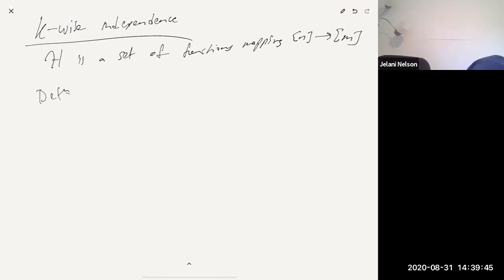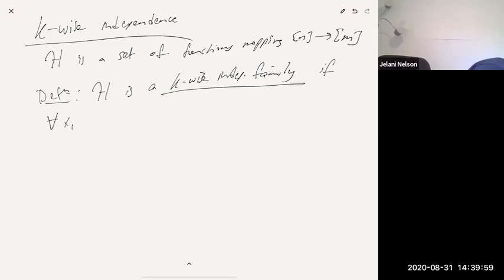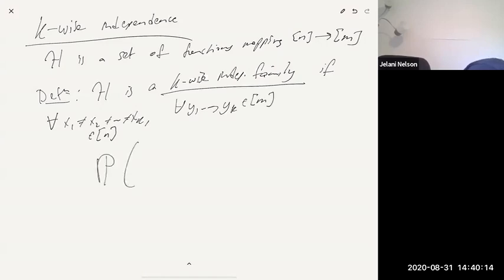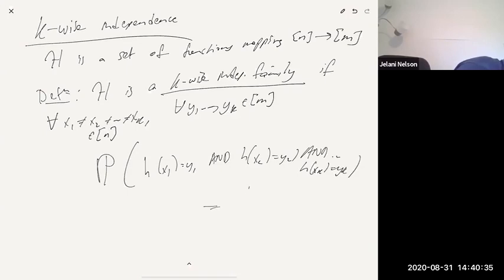And the definition: we say H is a k-wise independent family if for all x1, x2, up to xk distinct, between 1 and n, and for all y1 up to yk, which could be equal, in 1 to m, the probability that h of x1 equals y1 and h of x2 equals y2 and so on, h of xk equals yk, is equal to 1 over m to the kth power.